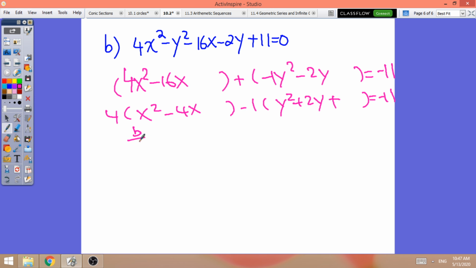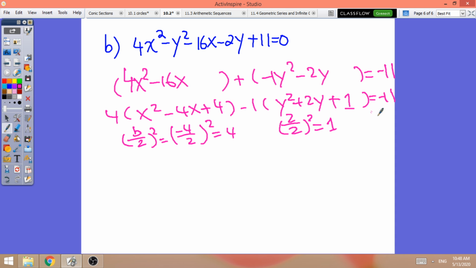So again, b over 2 quantity squared. So negative 4 over 2 quantity squared, so we do have 4. This one here, 2 over 2 quantity squared, so add 1. So the number we're adding here is the product of the greatest common factor and the number we just added.